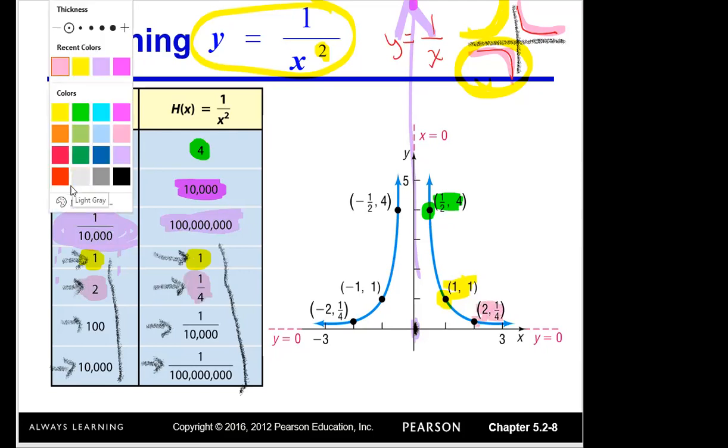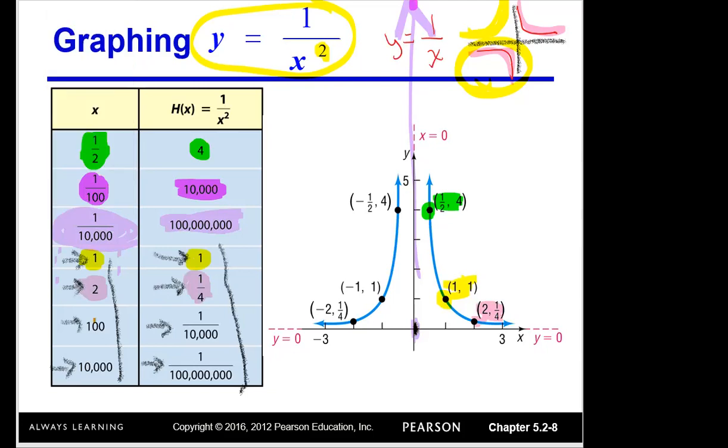When you get to 100, you get 1 over 10,000. So now if x is 100, which will be way over here, I can't even see it on this graph because my x-axis goes to 3 right here. We're looking for 100, which is way down there. It's getting really, really tiny. It's getting really, really close to the x-axis.